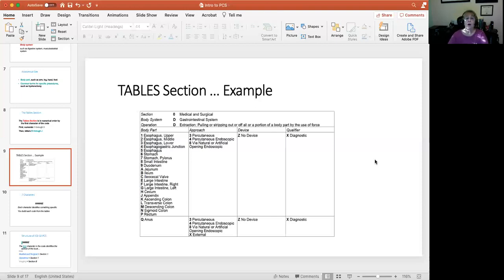Okay. Now the qualifier, which is your 7th character, is kind of like your miscellaneous, throw-everything-in-the-pot column.